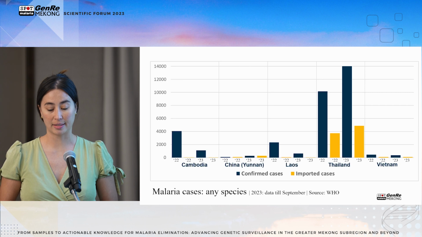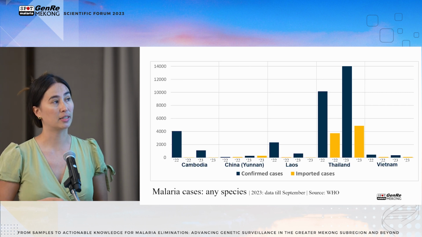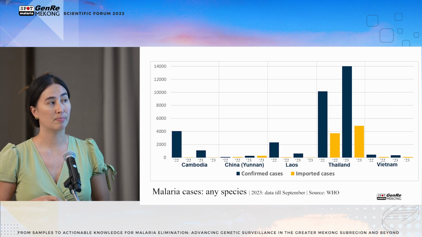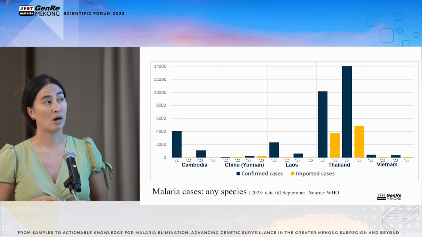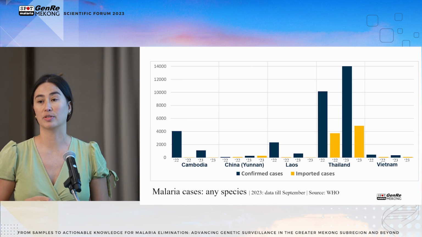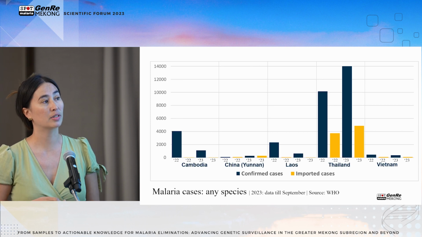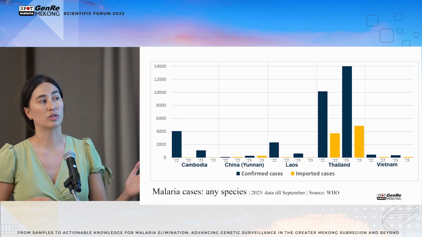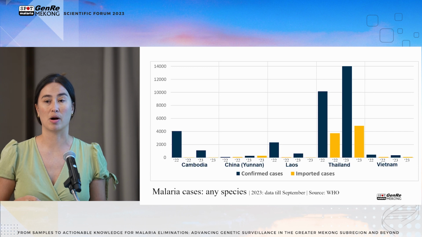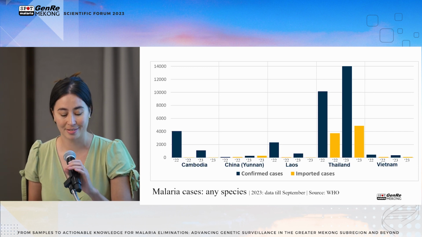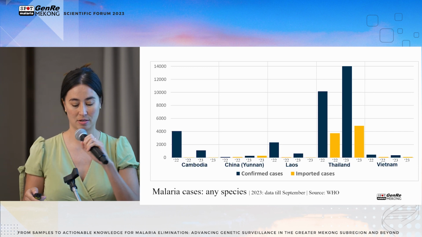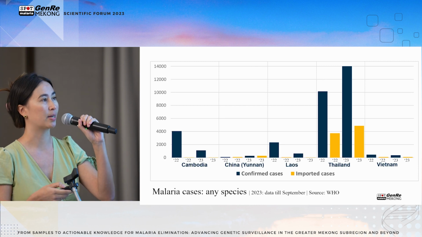And then in Thailand, you see that cases are increasing, predominantly in the west. Already a big part of them are labeled as imported, and these are all spillover cases from Myanmar and subsequent local transmission.